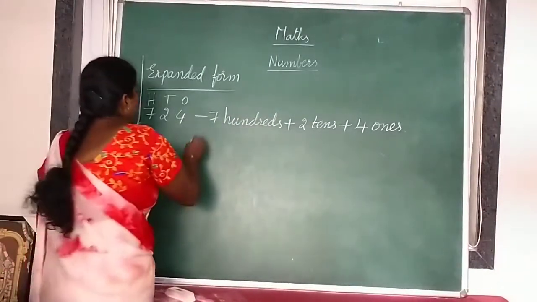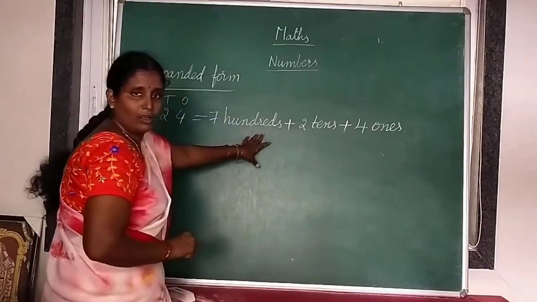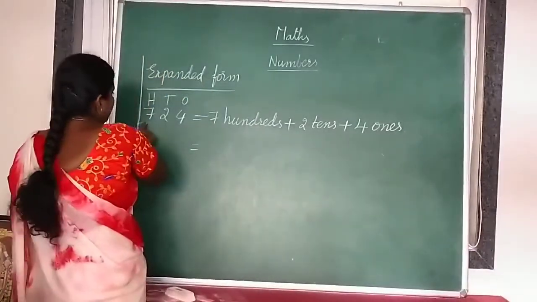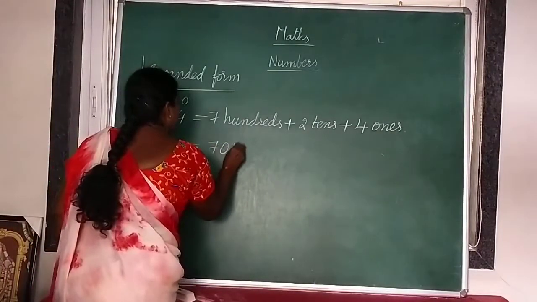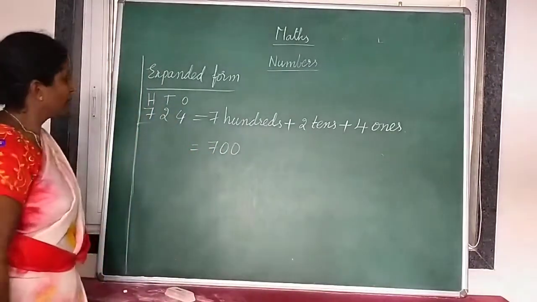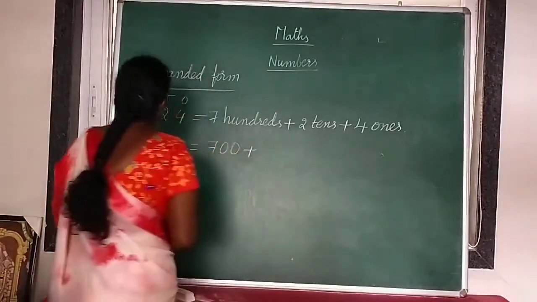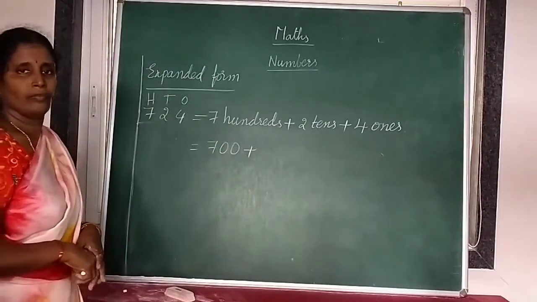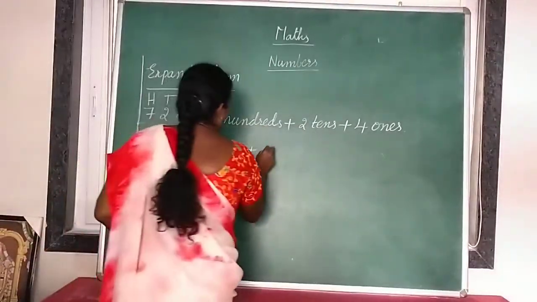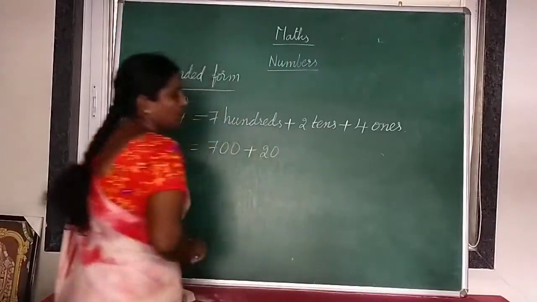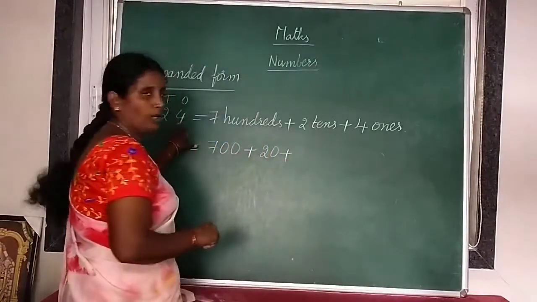We can write in another way also. Place value of 7 is 700, so 700 plus, what is the place value of 2 here? 2 tens. 2 tens is nothing but 20, plus the place value of 4.